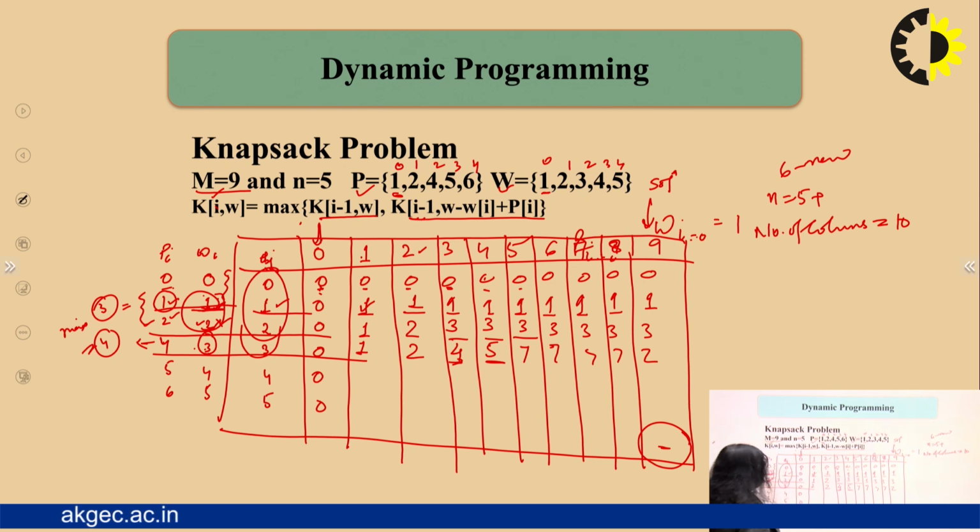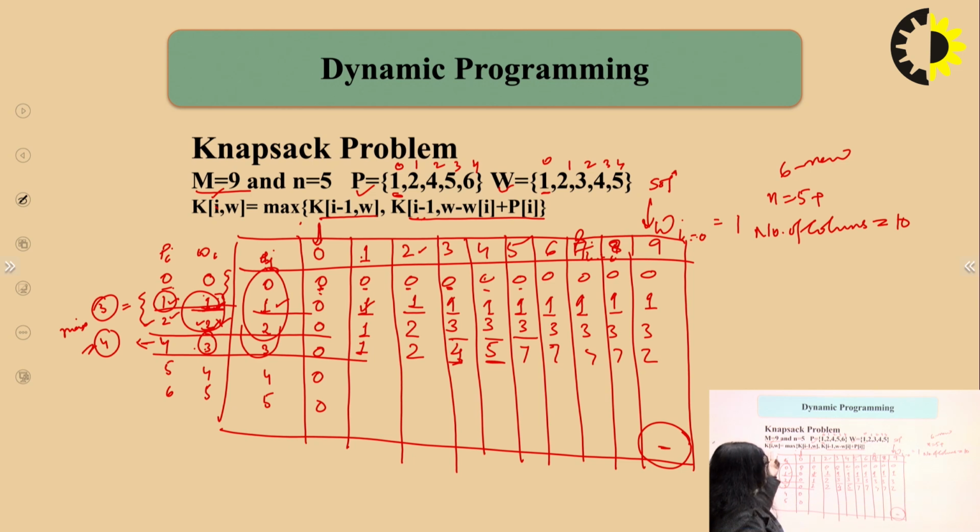Another thing to get this intuition is from this equation. To find the ith row and wth column entry, I just need to apply this, and this is equivalent to what we have seen here, how we pick between 2 maximum values.